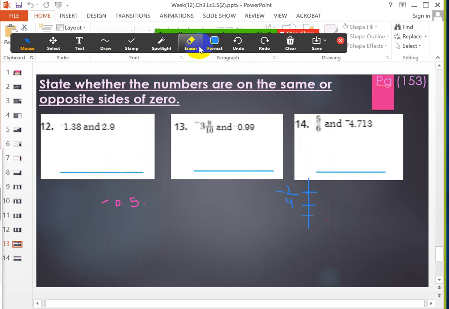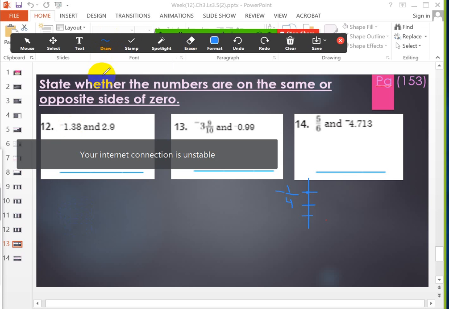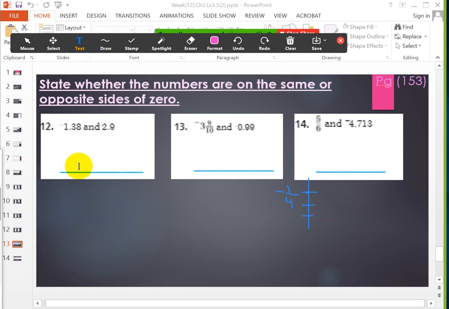Now, in this example, state whether the numbers are on the same or opposite sides of 0. I want to know whether those numbers are on the same side of 0 or on opposite sides. That means both numbers are on the right side or left side, or one is right and one is left.